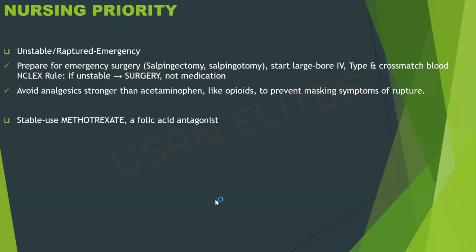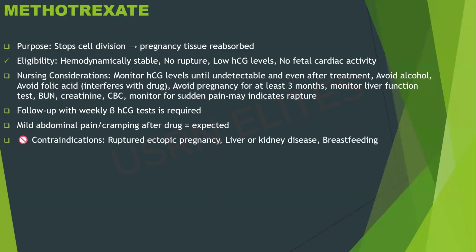All right. So that is what you should know. Okay. We are looking at methotrexate. And the main purpose is to stop cell division. Take note. That's what I said. It stops cells from dividing. And when cells are not dividing, it means there's no growth. Okay.